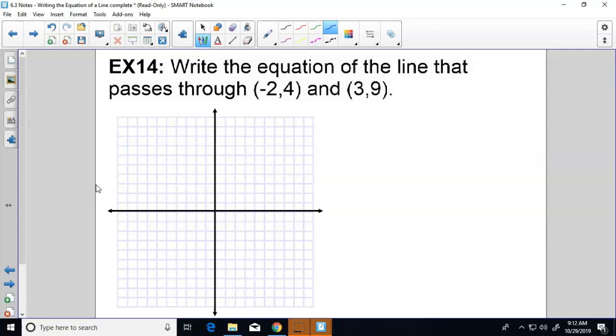So let's start by graphing this. If I have the point negative 2, 4, I'm going to graph that here. And then 3, 9 is up here. And then I'm going to draw the line through those points.